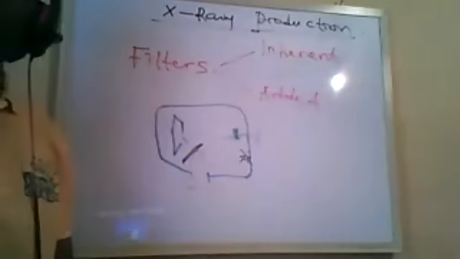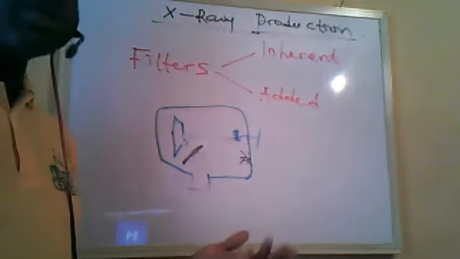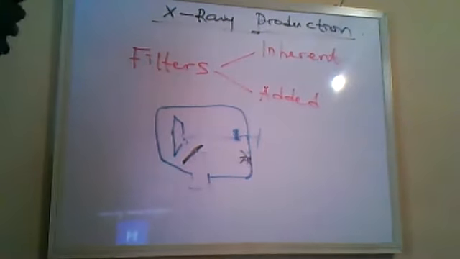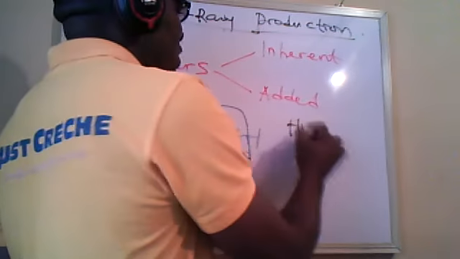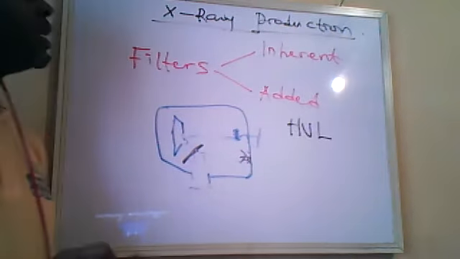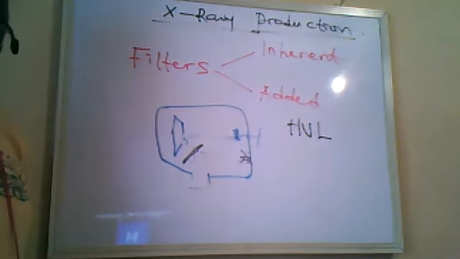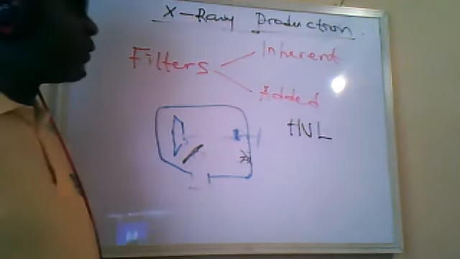And as such, when a new machine is bought, and from time to time, mostly yearly, we normally do the HVL check, to make sure that we have the appropriate amount of filter inside the machine. There is a table for that.